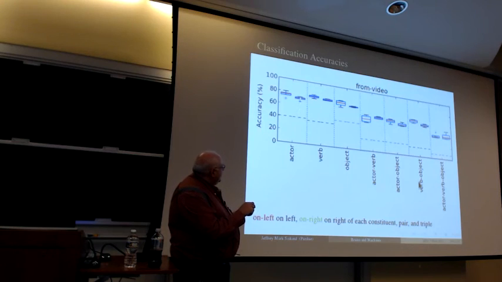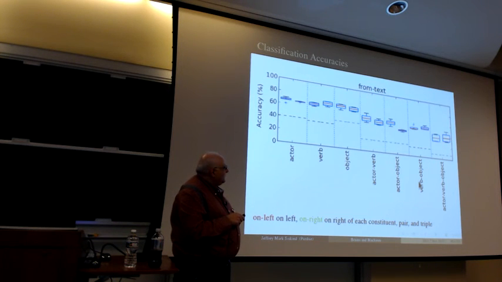So we can read out the actor on the left and the actor on the right, way, way above chance. The verb on the left, verb on the right, way, way, way above chance. The object on the left, object on the right, way, way above chance. The pair of the actor and verb, the pair of the actor and object, the pair of the verb and object, and the entire sentence, all way, way above chance.